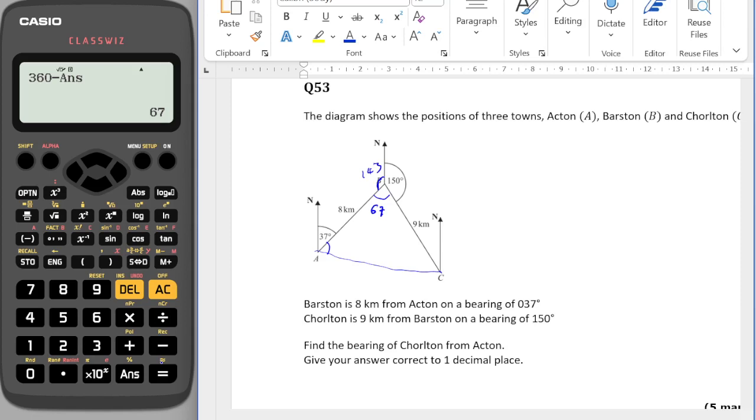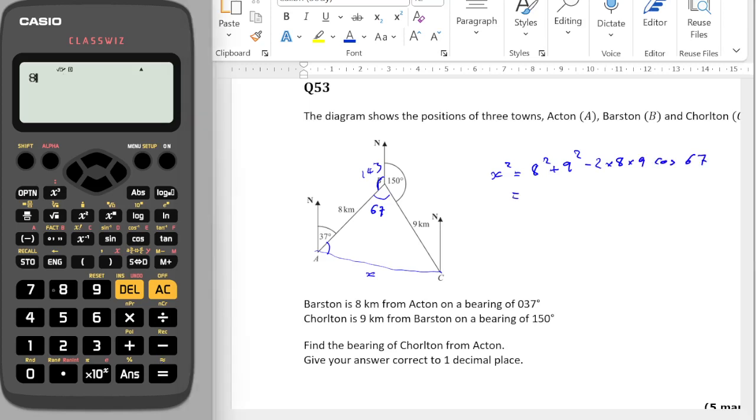Okay, so I think I'm going to have to work out this length here first of all. So if I call that x, so x squared is going to be equal to 8 squared plus 9 squared minus 2 times 8 times 9 times cos of 67.